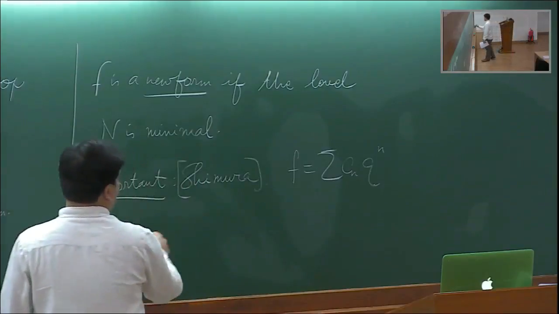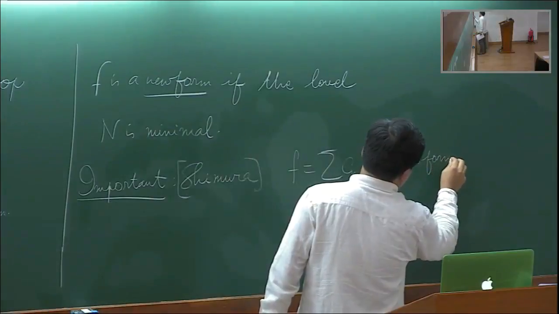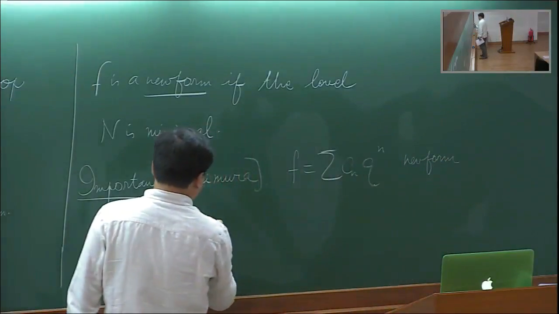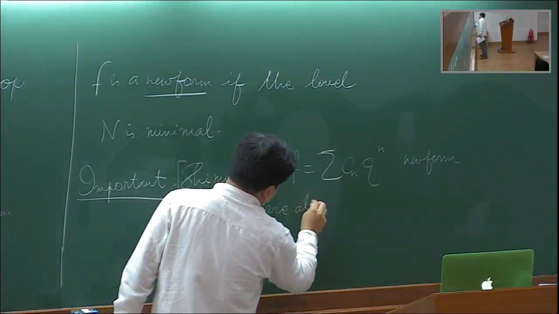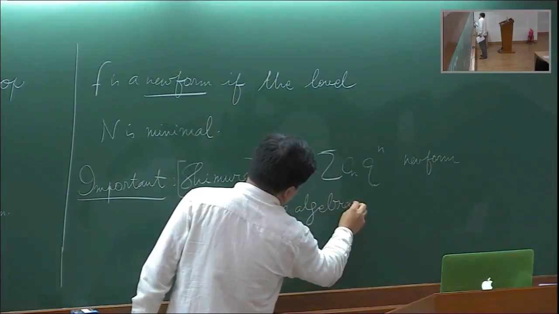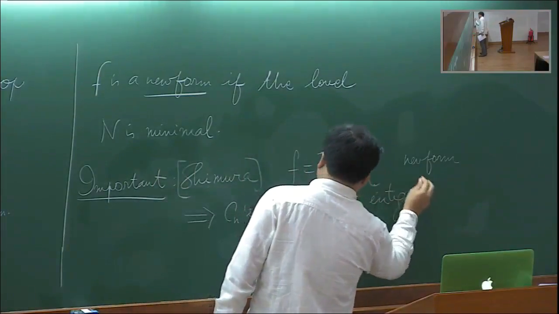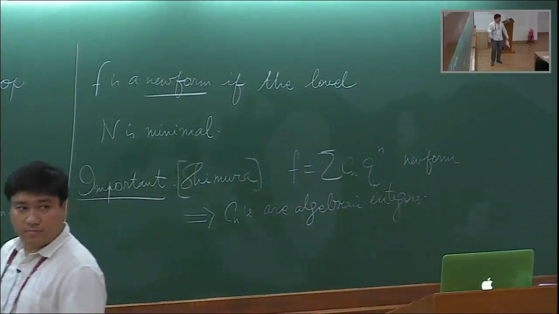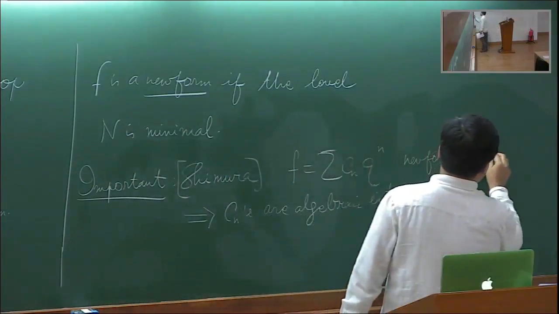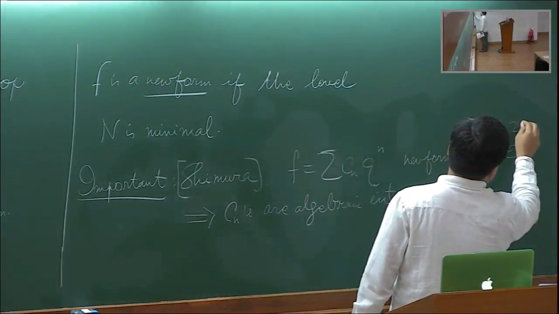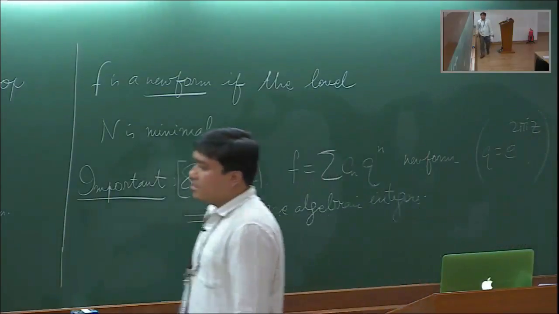So new form of any level, then Cn's are algebraic integers, okay? They belong to Q bar. Here q equals e to the 2 pi i z. So this is it.